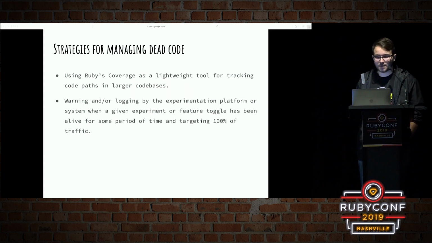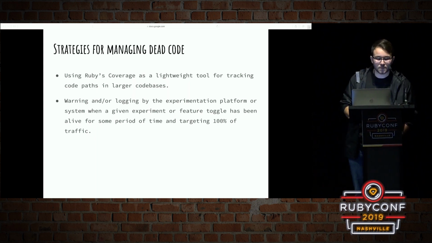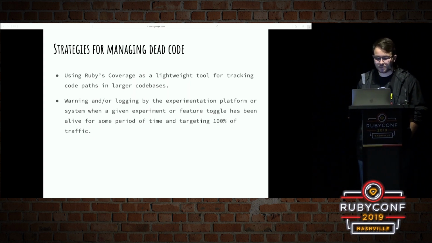Another strategy for managing dead code is warning and/or logging by the experimentation platform or feature toggling platform that's being used, when a given experiment or feature toggle has been alive for some period of time and targeting 100% of traffic.